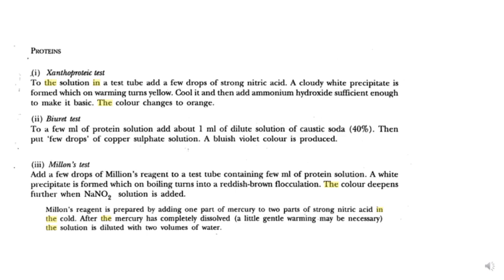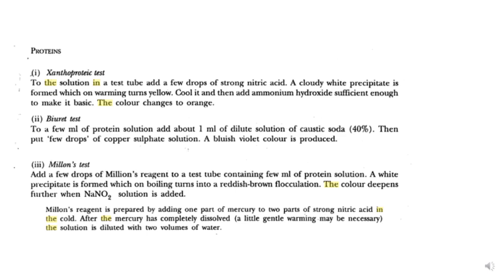In the biuret test, the protein solution is added with a dilute solution of caustic soda, and we add a few drops of copper sulfate solution. A bluish violet color is produced. In Millon's test, we add a few drops of Millon's reagent to a test tube containing a few ml of protein solution.